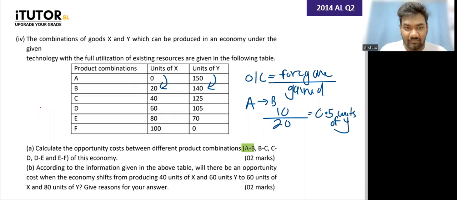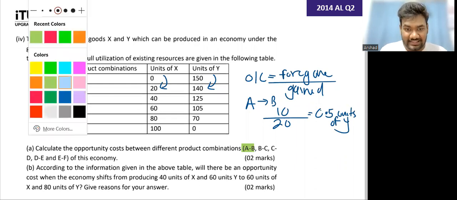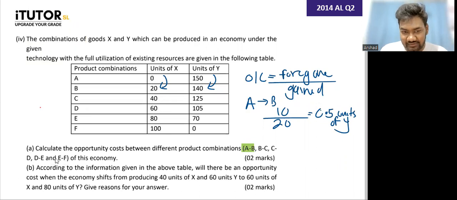Then let me show you one more. Okay, let's take E to F. When you go from E to F, you can draw the PPC also if you want. Not needed, but you can draw.